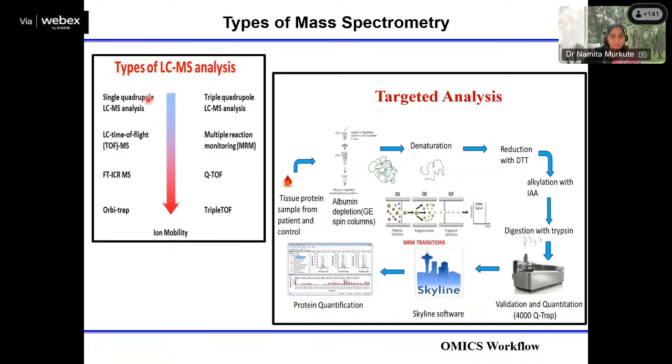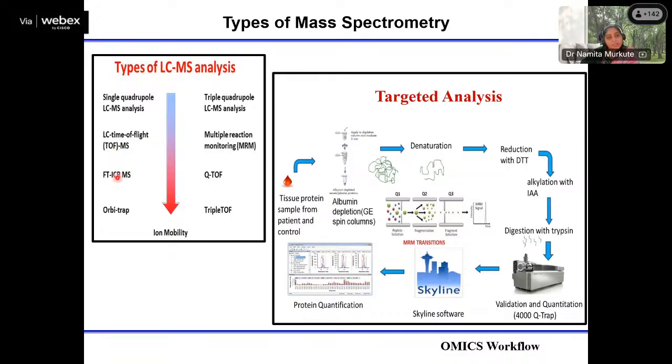As mass specs evolved, first the single quadrupole LCMS analysis was there, then LC time of flight MS, which means a time of flight tube is added to the liquid chromatography, and which is really very good, giving very good sensitivity and identification.